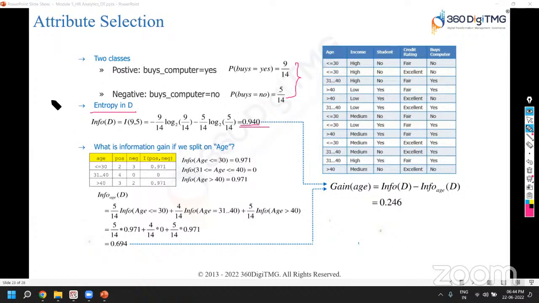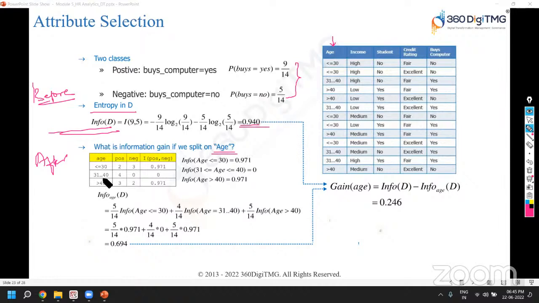Now, this is before the split, on the entire data set. But after the split, if I take age here, the age is categorized into 3 branches: less than or equal to 30, 31 to 40, and greater than 40.